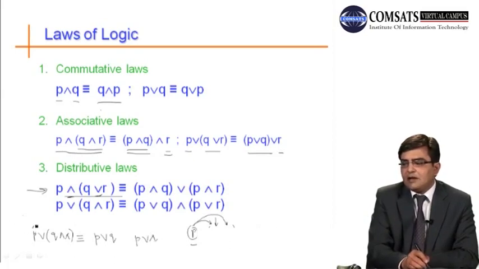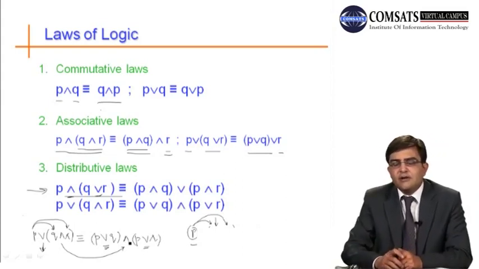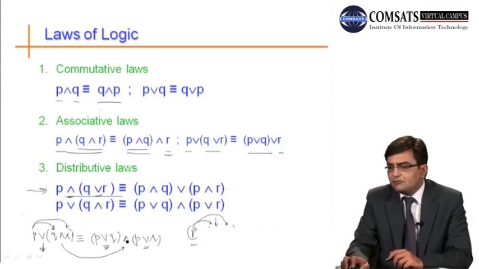Here we write P or Q and P or R. The operator AND will come between these two compound propositions, the middle operator. So this is how we can memorize these distributive laws.